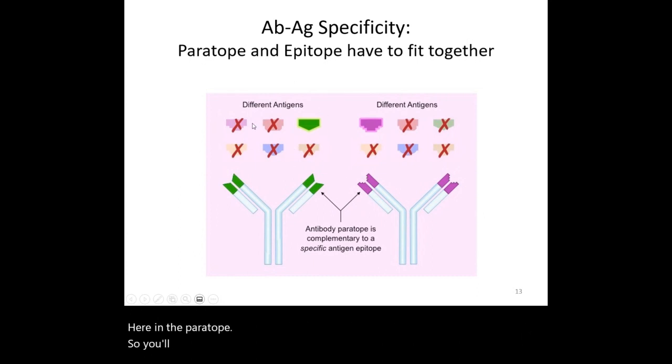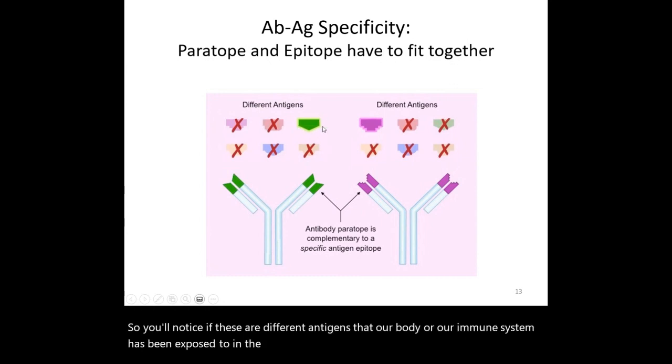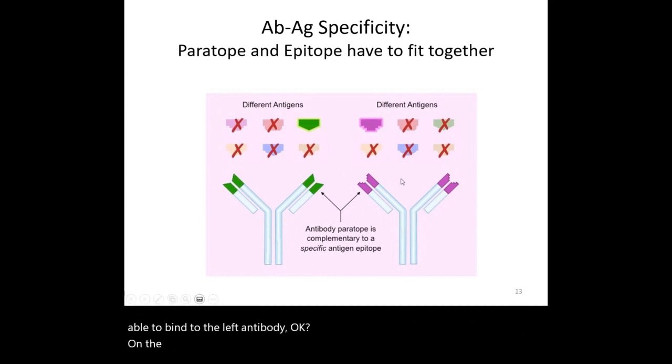So you'll notice if these are different antigens that our immune system has been exposed to in the past, only one of those antigens is going to be able to bind to the left antibody, okay? On the right, that antibody is going to bind to its own specific antigen, okay?